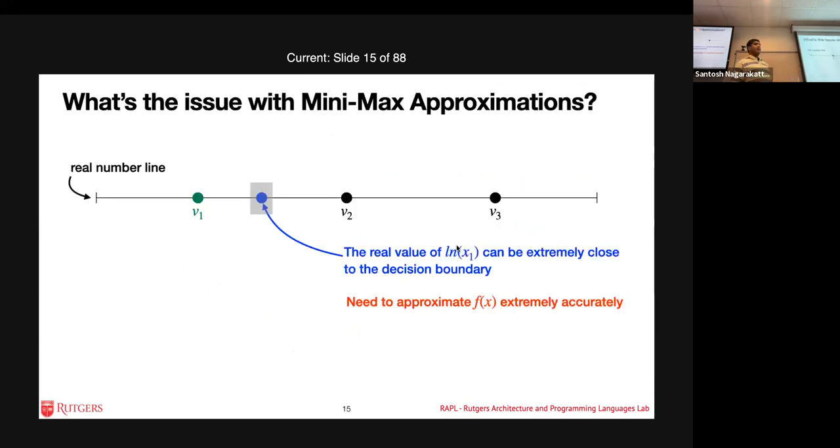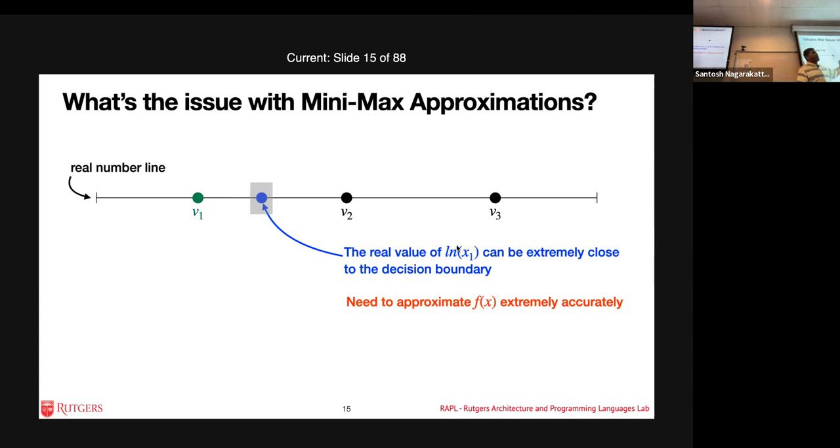Let me pictorially show it. This is a real number line again. V1, V2, V3 are all the points representable in IEEE 754 floating point. Let's say for an input x1, V1 is the correctly rounded result. Your real value happens to be this blue dot, which is very close to the rounding boundary, very close to the midpoint of V1 and V2. We're looking at round to nearest, ties to even.